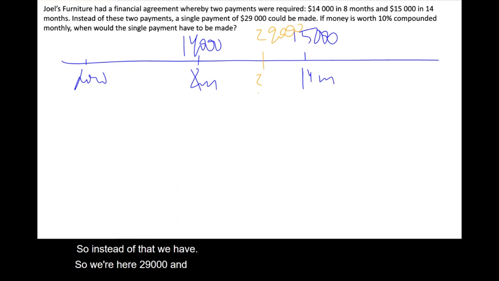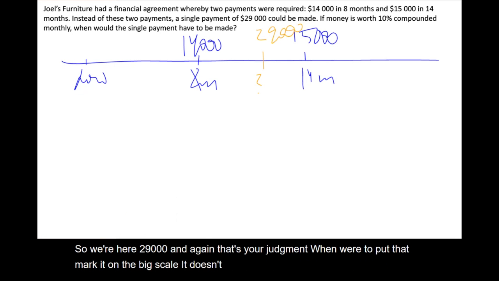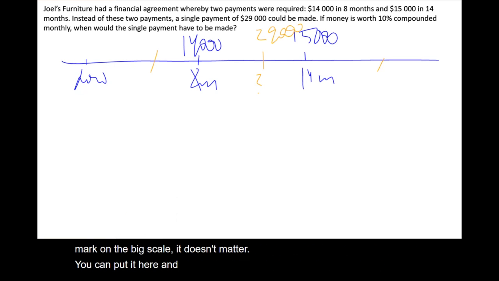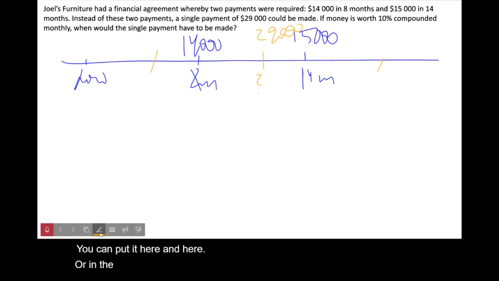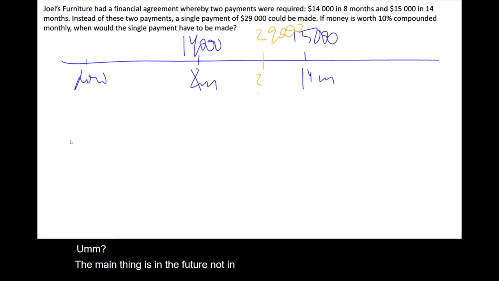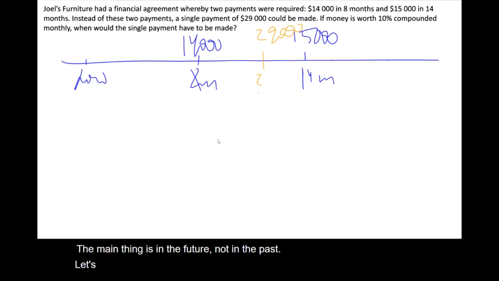And again, that's your judgment where to put that mark. On the big scale, it doesn't matter. You can put it here, here, or in the middle, the way I did. The main thing is in the future, not in the past. That's it.